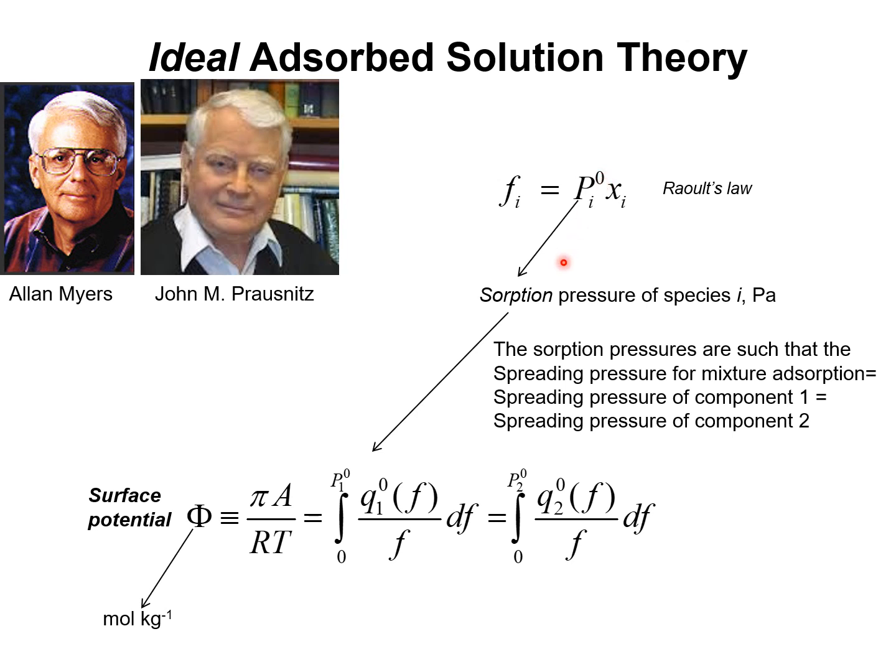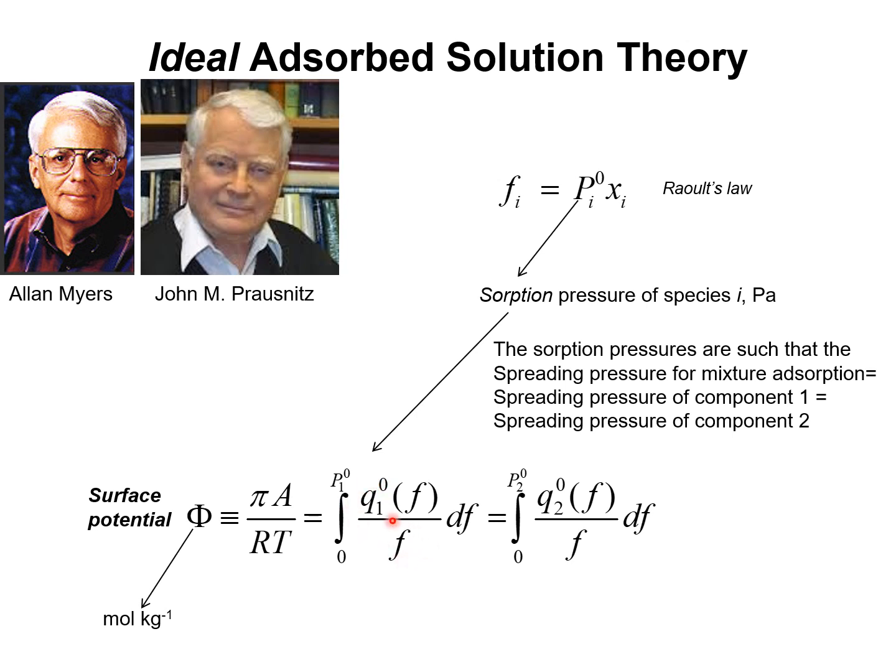Pi superscript 0 represents the sorption pressure of species i, and the sorption pressures satisfy this expression that implies that the spreading pressure for mixture adsorption equals the spreading pressure of component 1 on its own and the spreading pressure of component 2.